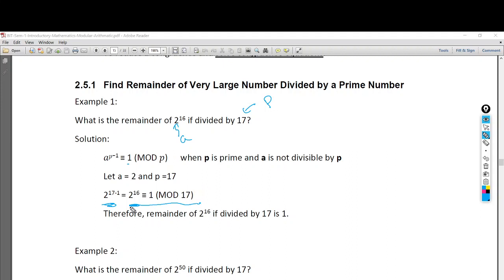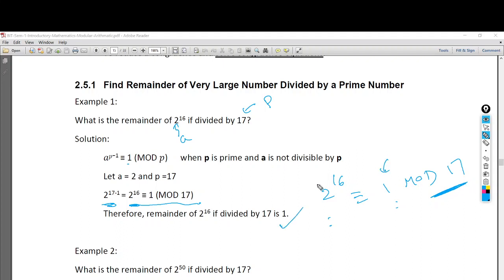When we say 2 to the power 16 is congruent to 1 mod 17, that means 1 and 2 to the power 16 are the same in mod 17. So when you divide 2 to the power 16 by 17, the remainder is 1.